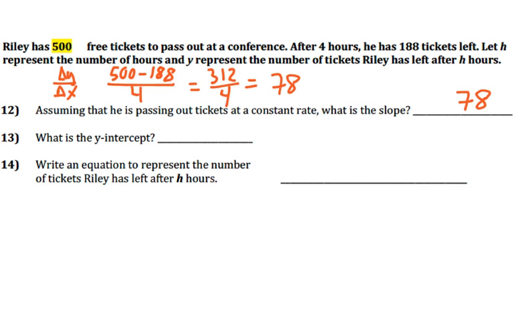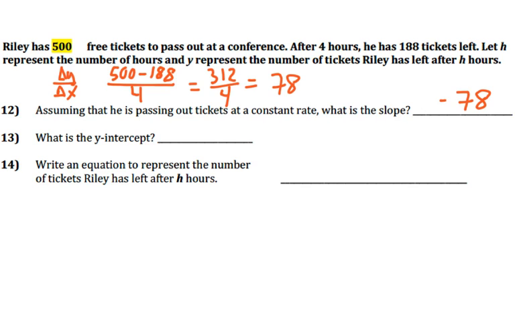But if we look closer here, notice it says let H represent the number of hours and Y represent the number of tickets Riley has left. So if Riley started with 500 tickets, we actually have to subtract 78 every hour to determine how many tickets Riley still has.